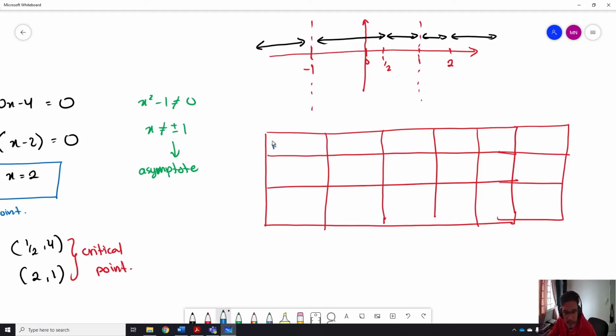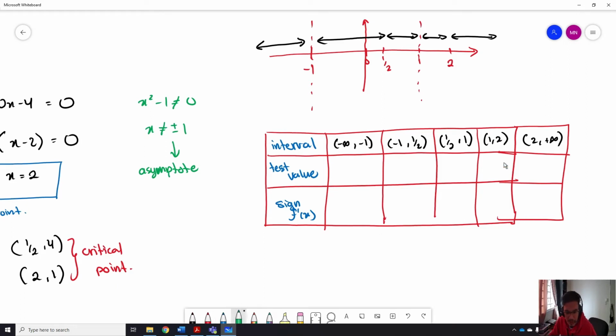So this is the interval, test value, and sign of f'(x). Our first interval is from negative infinity until negative 1, then from negative 1 until 1/2, from 1/2 until 1, from 1 until 2, and then from 2 until positive infinity.